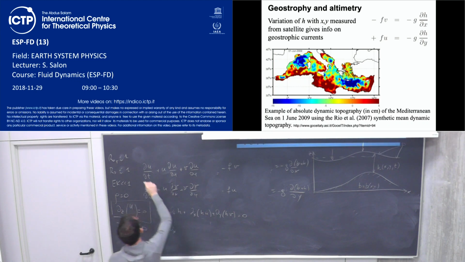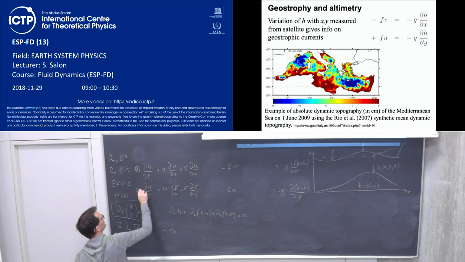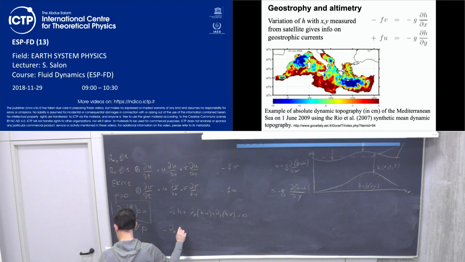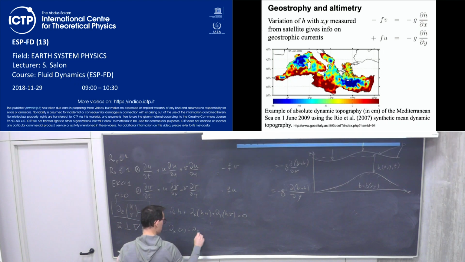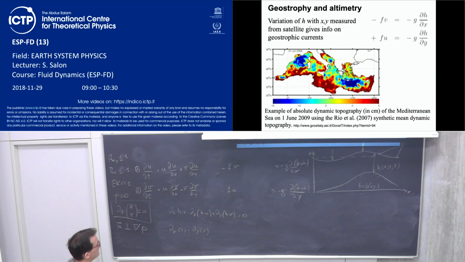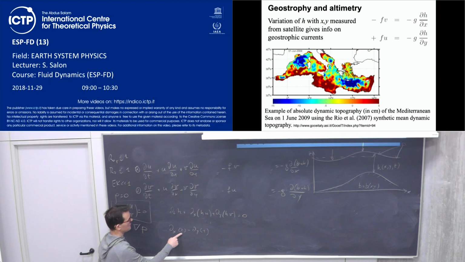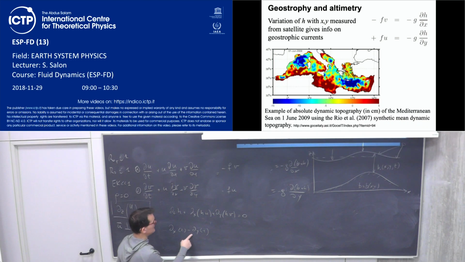If this is equation 1 and this is equation 2, let's do this operation. We take the partial derivative in x of the y momentum equation, and we subtract the y derivative of the x momentum equation.